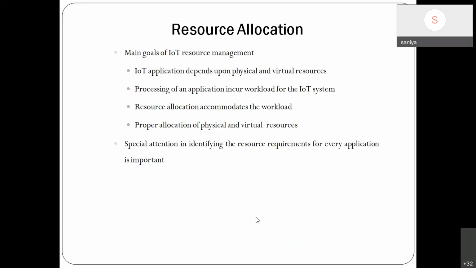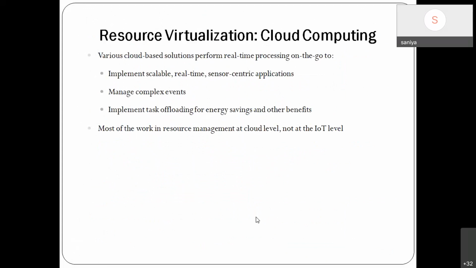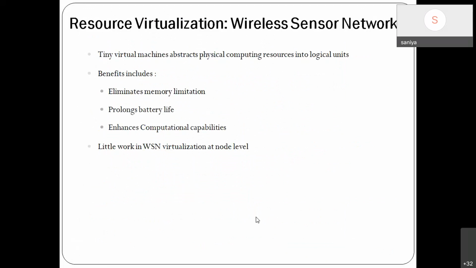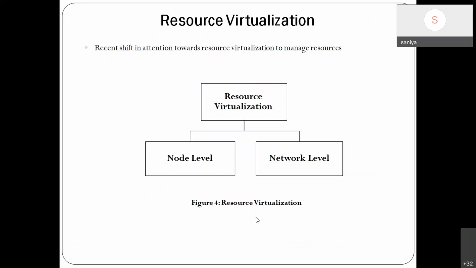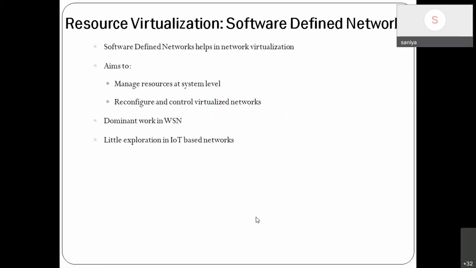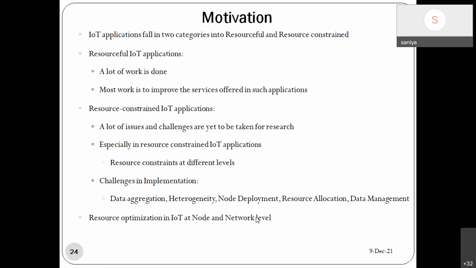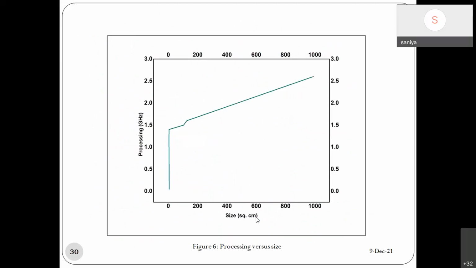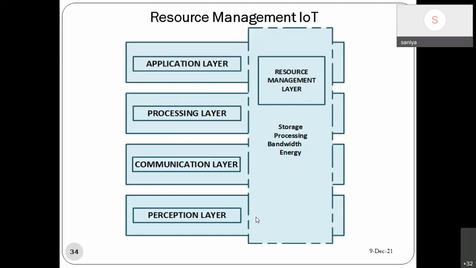Resource allocation you can use at the cloud level and the application level. Virtualization you can do at the network layer and also at the IoT device layer. I told you there are two types of virtualization. Likewise, with the routing techniques and data aggregation techniques, you can perform resource allocation, optimization, or management at these layers. It's up to you where you want to work.